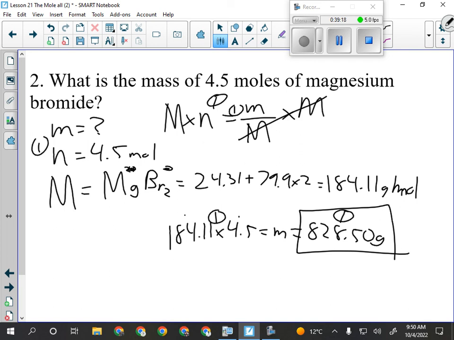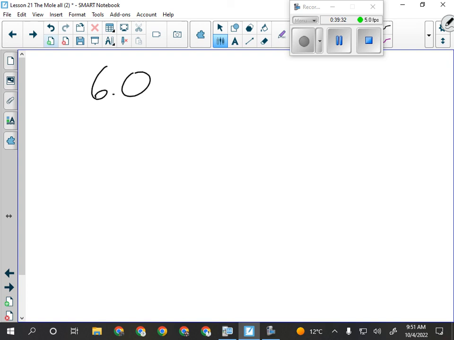The last 2 ways I can ask a mole equation question involve using Avogadro's number. Now Avogadro's number tells me how many particles, be they atoms or molecules, are in 1 mole of a particular material.